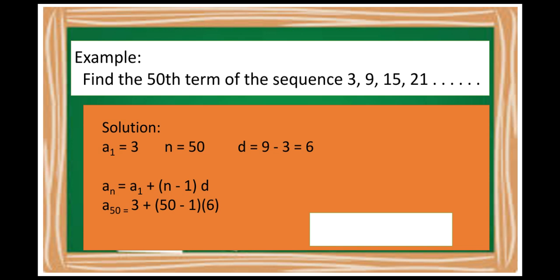Furthermore, we have 3 plus 49 times 6, since 50 minus 1 is 49. For further simplification, we get a sub 50 is equal to 3 plus 294, since 49 times 6 is 294. And adding them, a sub 50, or the 50th term, is 297. Alright.